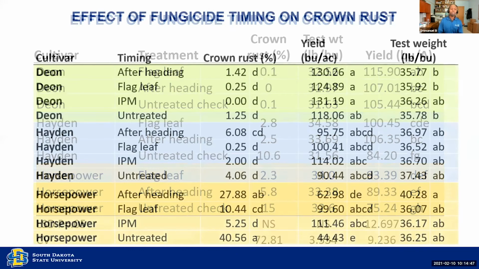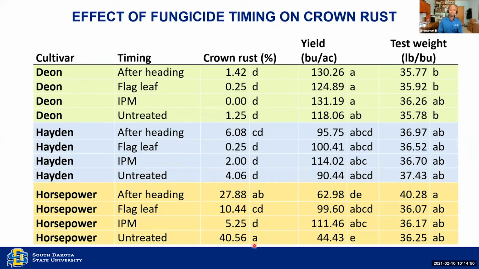So the next scenario is where we had moderate levels of disease. Here we see the untreated check on the susceptible variety Horsepower, 40 to 41% on the flag leaf. And we can see how the yield did respond very well, almost tripling the yield in terms of the fungicide that was put at the IPM timing.